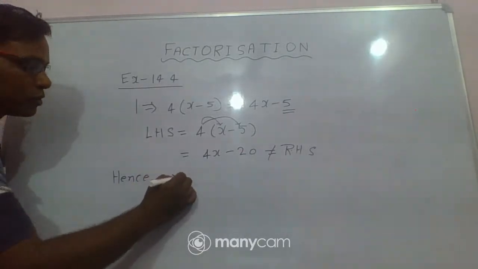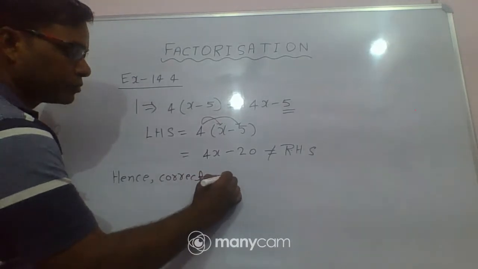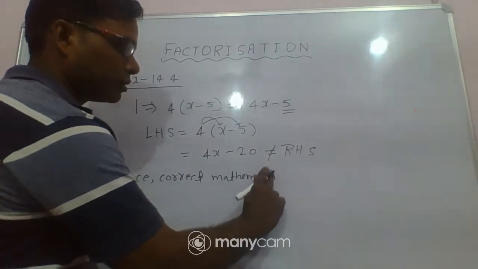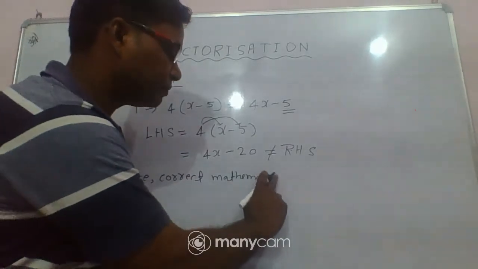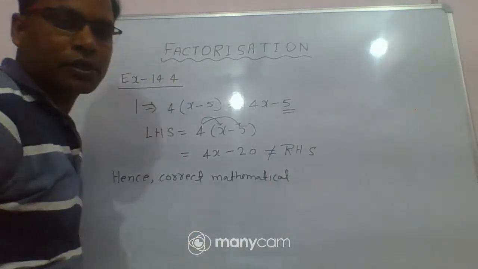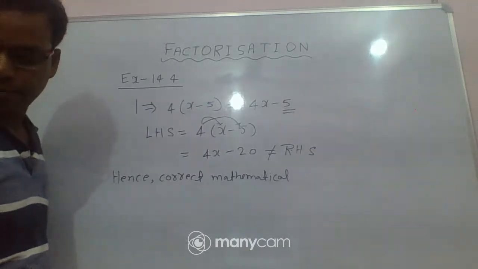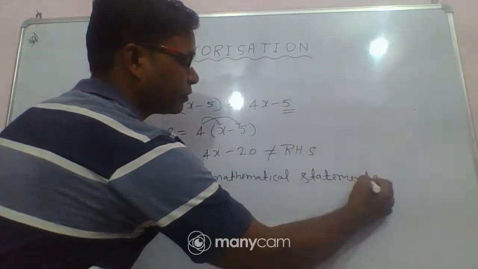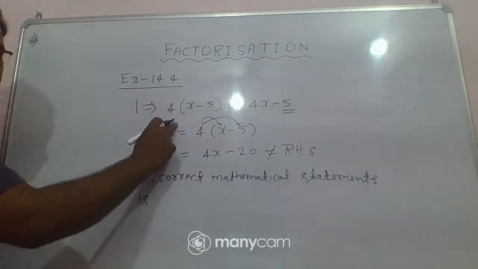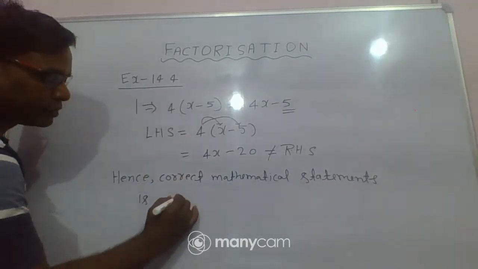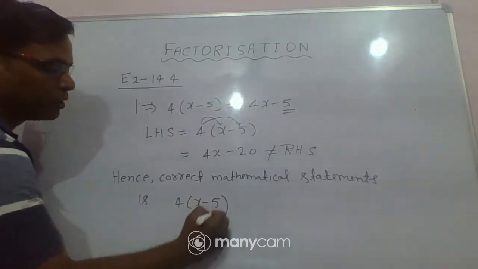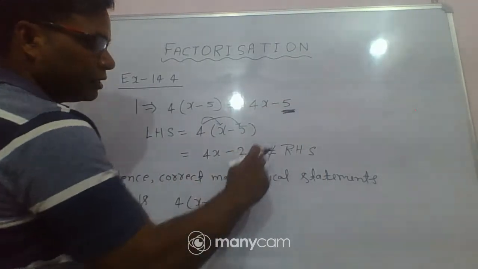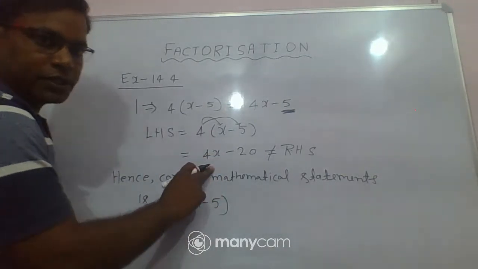So the correct mathematical statement is, hence, the correct mathematical statement is: this is our left hand side, 4 into x minus 5, and this is the given right hand side, but here 5 is the error.